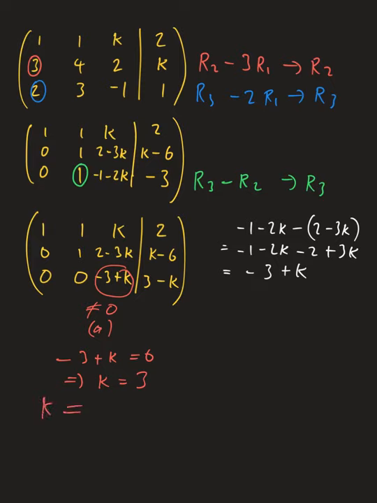So we know that if k is not equal to 3, that implies that minus 3 plus k is not equal to 0. And it also implies 3 minus k is also not equal to 0. So in that case, where k is not equal to 3, k is any number except 3, then I have a unique solution.